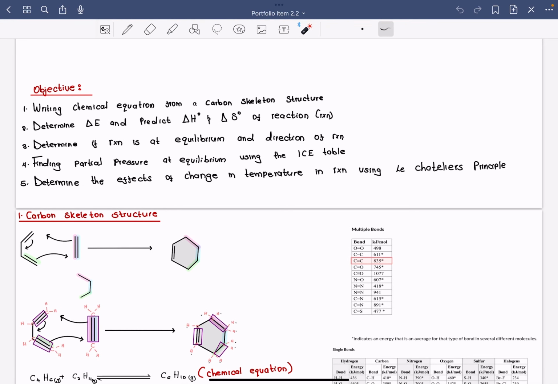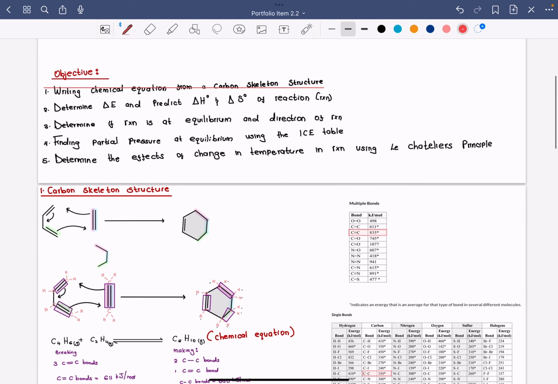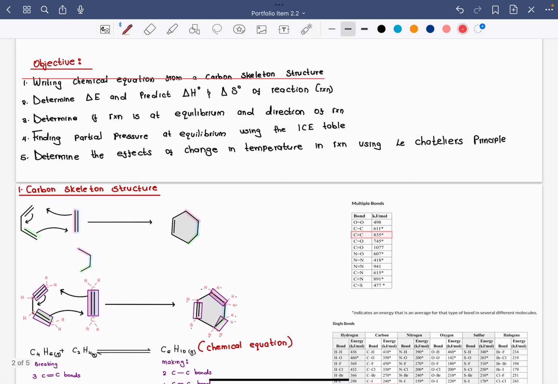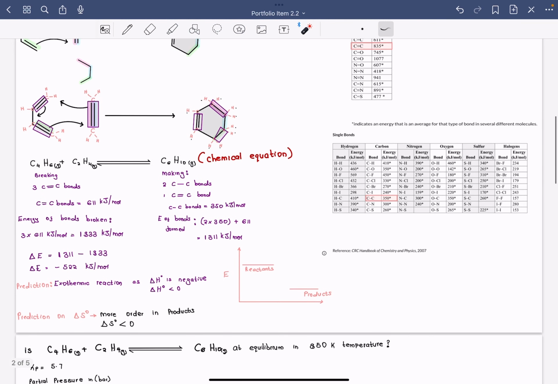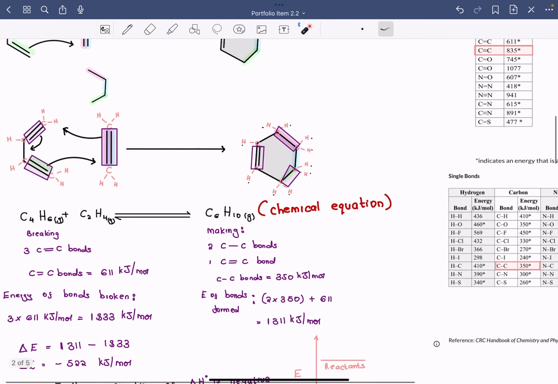So we can cross it out. Okay, there we go. So first objective done. So let us now determine the delta E. In order to find the delta E, we have to identify what bonds are being broken and what bonds are being made.